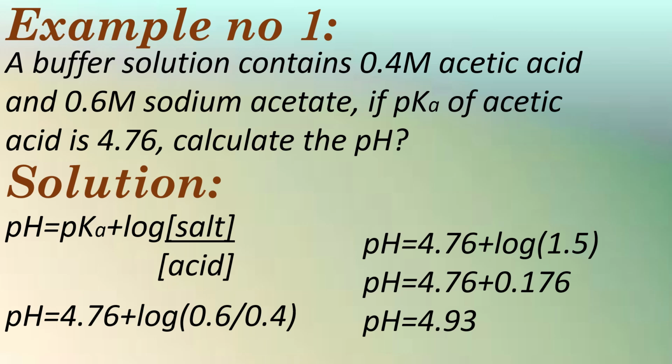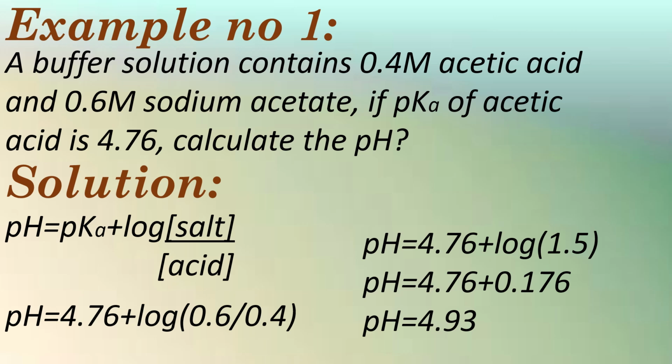We will apply the Henderson-Hasselbalch equation. pH is equal to pKa plus log salt upon acid. Putting the values, pH is equal to 4.76 plus log. Since sodium acetate is conjugate base of weak acid, it's a salt. So we will write 0.6 molar divided by 0.4 molar, that is acetic acid.